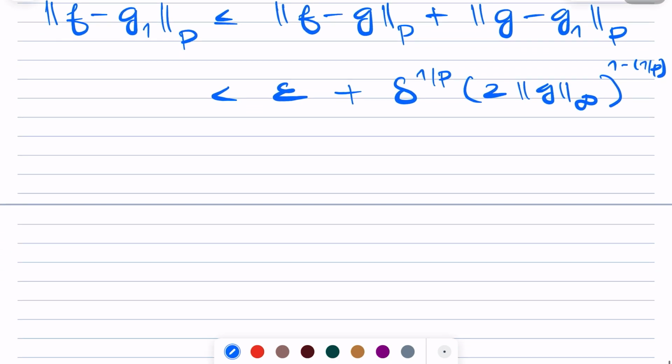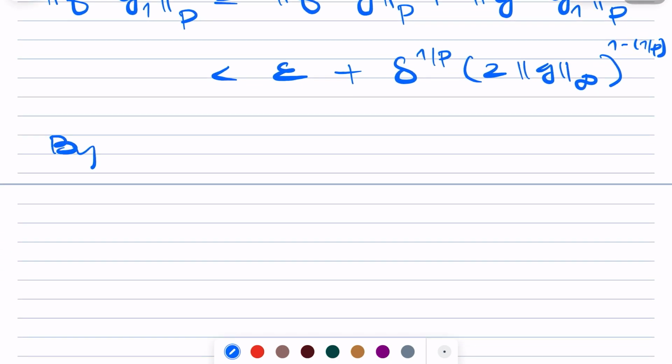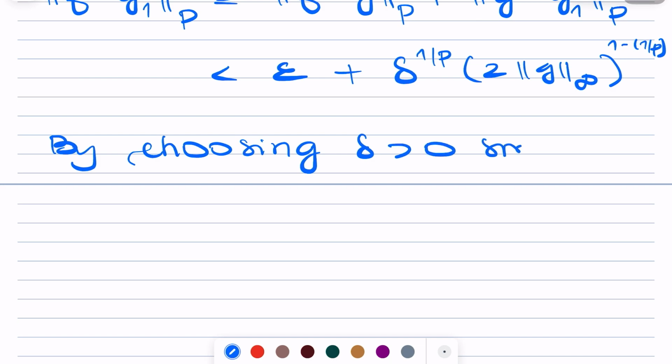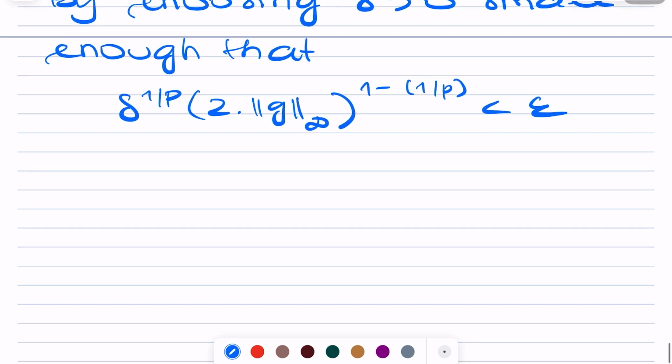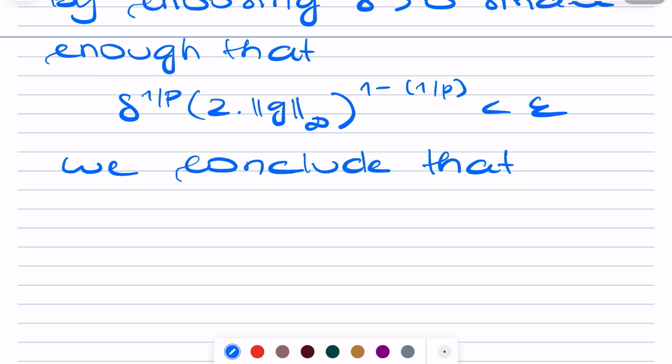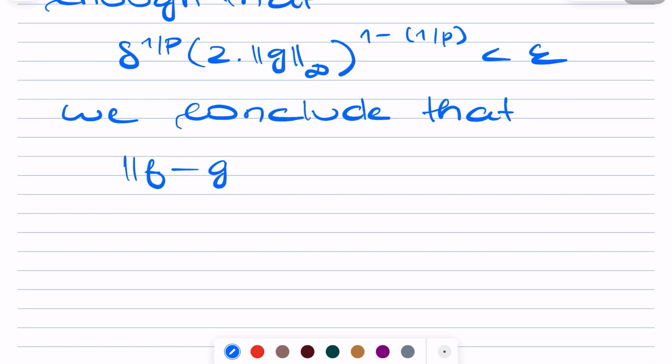So by choosing delta positive small enough that delta to the power 1 over p times 2 norm of g infinity to the power 1 minus 1 over p is strictly less than epsilon, we conclude that the norm of f minus g1 in L^p is actually strictly less than 2 epsilon.